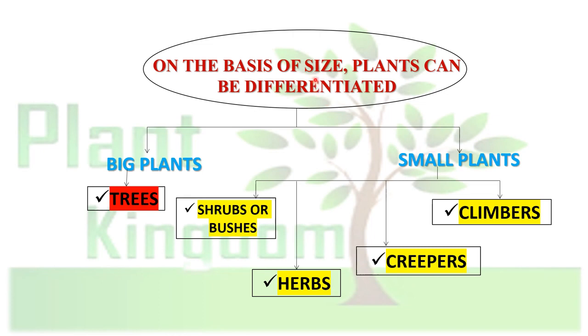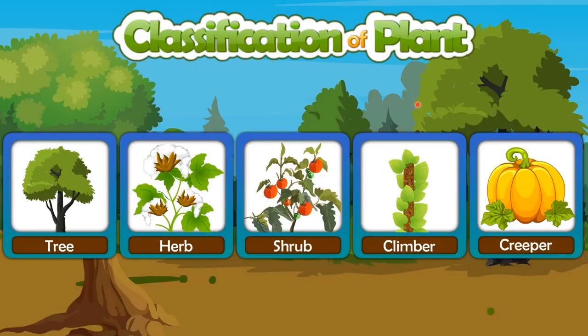Small plants have four types and the trees come under big plants. So let us have a deep explanation of these plants. Now you understood the classification of the plant, which can be divided into tree, herb, shrub, climber and creeper.